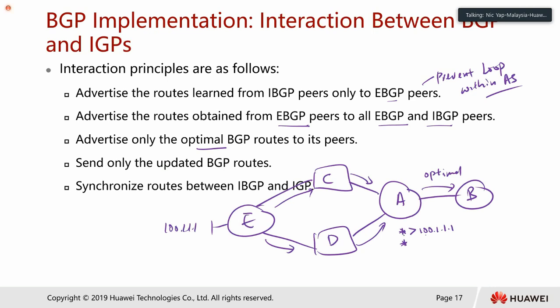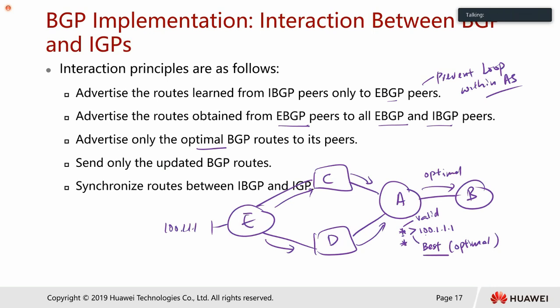The asterisk means the route is valid, and the greater sign means best, the optimal. The greater sign tells that this path is the optimal route, and the asterisk just tells that this is a valid route.